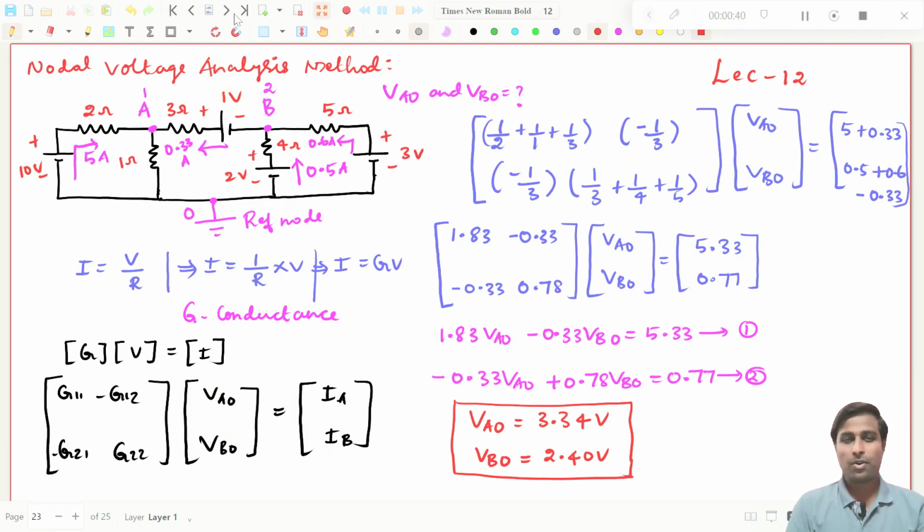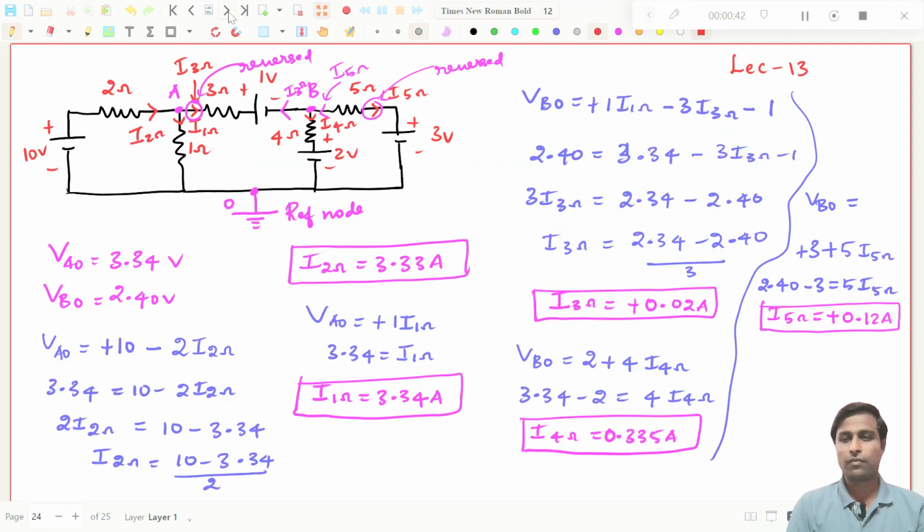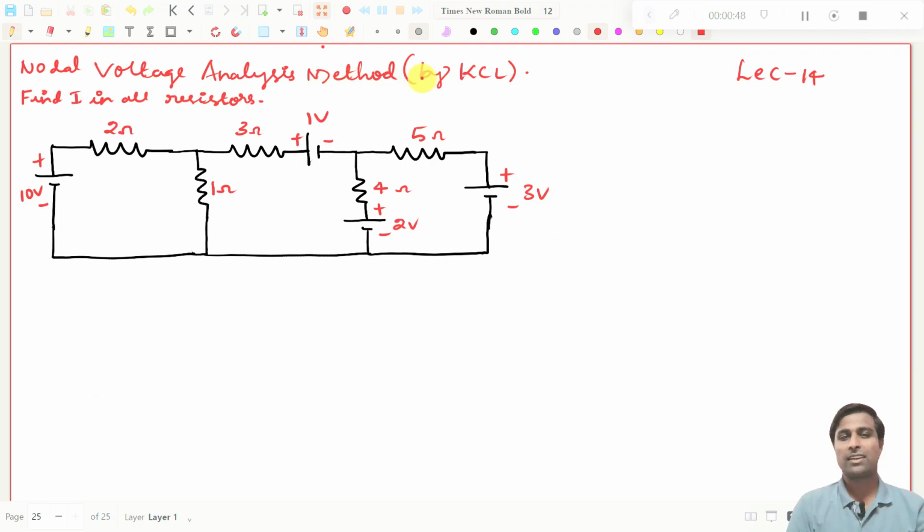Now we are going to find the current in all resistors for the same problem using KCL.